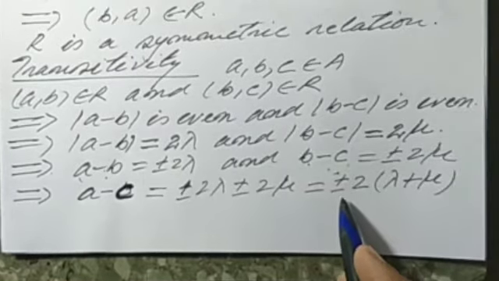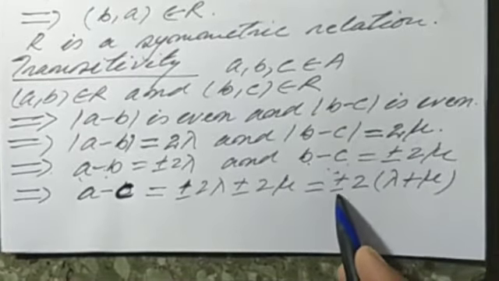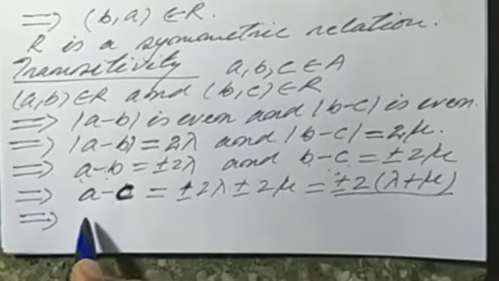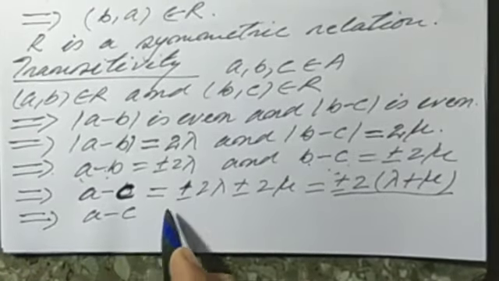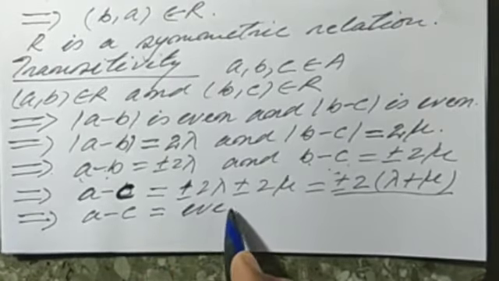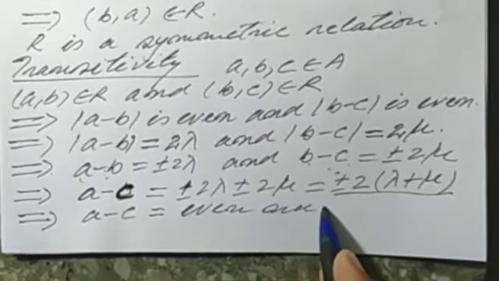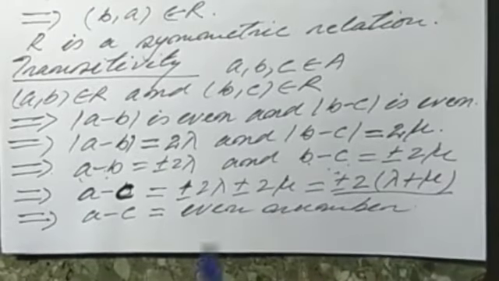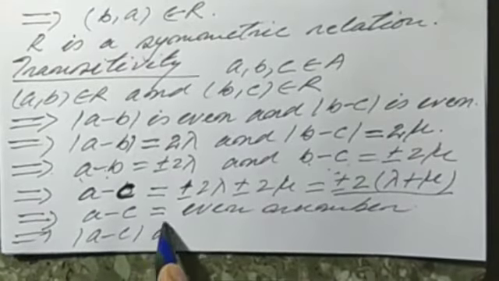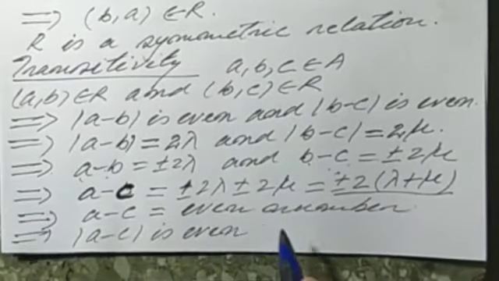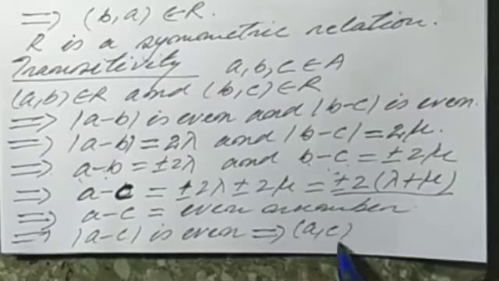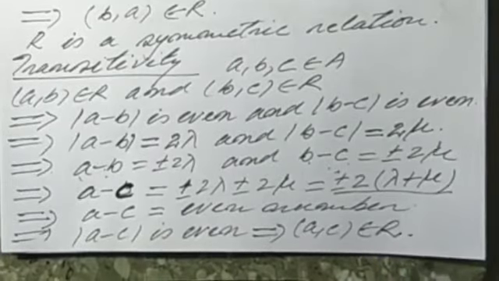So obviously plus minus 2 is common out of this bracket, so it must be a multiple of 2. So we may say that a minus c is also equal to an even number. So it implies that modulus a minus c is even, and so (a, c) belongs to R.